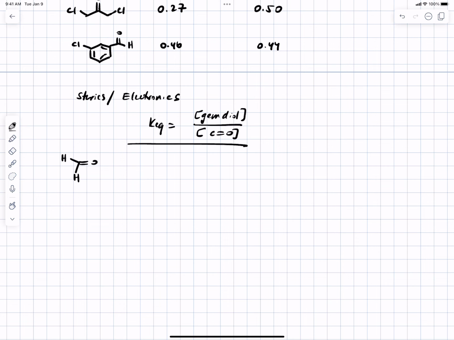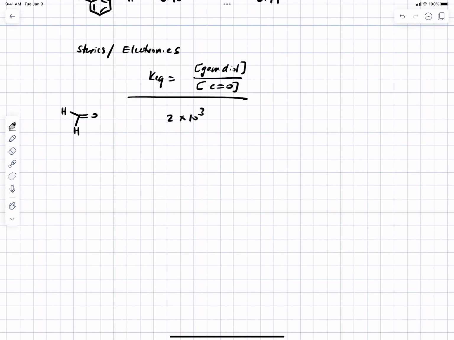So formaldehyde, the equilibrium constant dramatically favors the hydrate by a factor of 2,000. But you put those CH3 groups on there and the equilibrium constant decreases by 6 orders of magnitude. So what's your rationale for that? Why do you see less hydrate for the ketone than for formaldehyde?